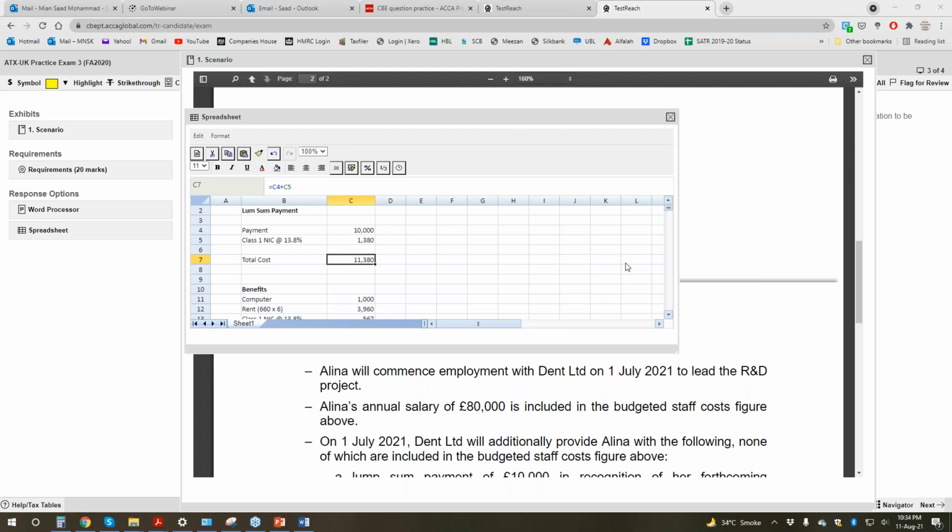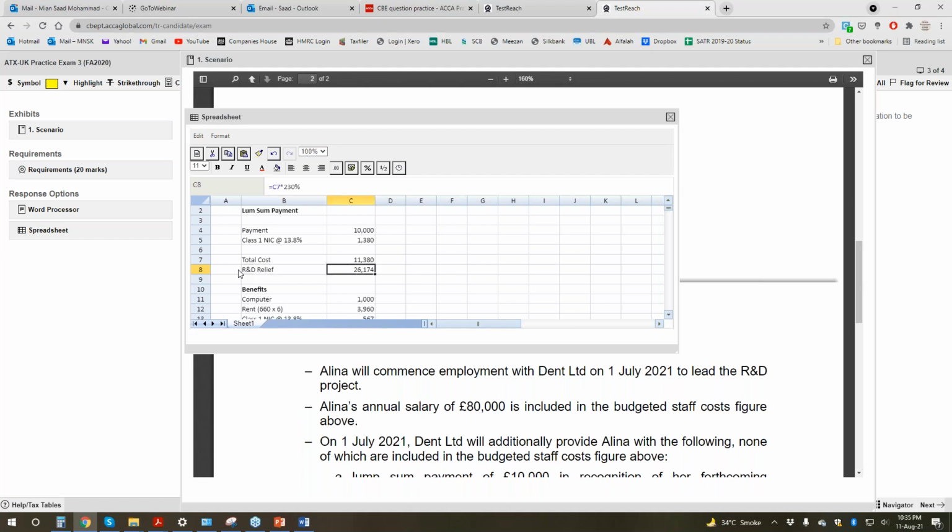So only this cost can qualify for extra 130% relief. And what can that be? R&D relief equals this times, we can directly take 230% rather than adding 130%.